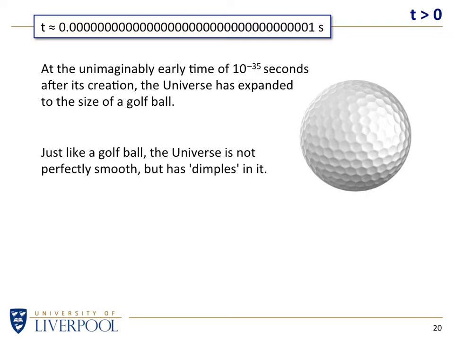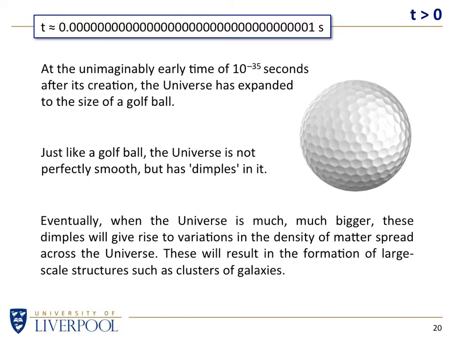So the dimples are an analogy. The dimples aren't real dimples. The dimples are variations in density. It wasn't perfectly smooth in the sense of the same density everywhere. There were tiny variations in density when that golf ball was formed. How do we know that? Because that's the only way we can explain, as the universe got bigger, that we ended up with galaxies.